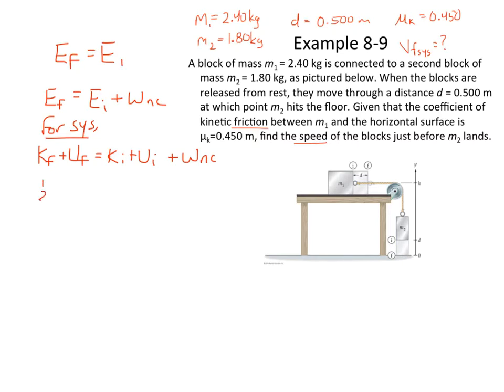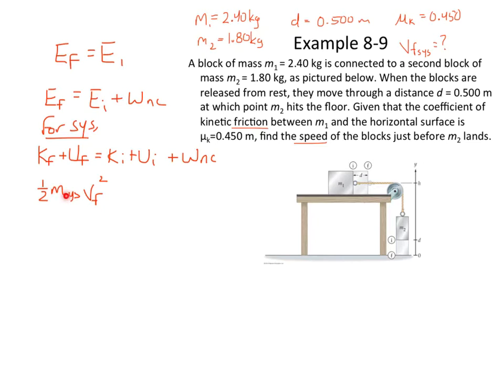Well, that is 1/2 m of the system times the velocity of the system final squared. I'm going to write m sys, but for the velocity, I think we all assume that means the whole system, just v final squared. Kinetic energy is 1/2 mv squared. This is just a reminder that it's the whole system mass, not just one of the masses.